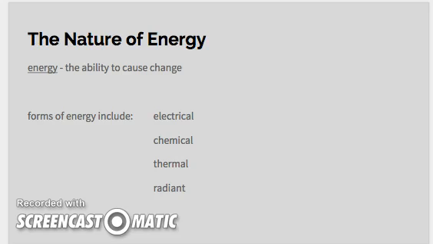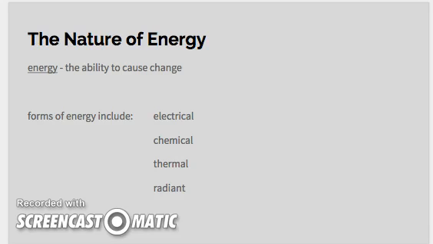The first one here is electrical energy. We experience this every single day by using our electronics. Electronics work through the power that's produced by electrical energy being used. Chemical energy. Chemical energy is often something that was stored first, and then as the bonds break of the compound, we realize that chemical energy and work is being done.